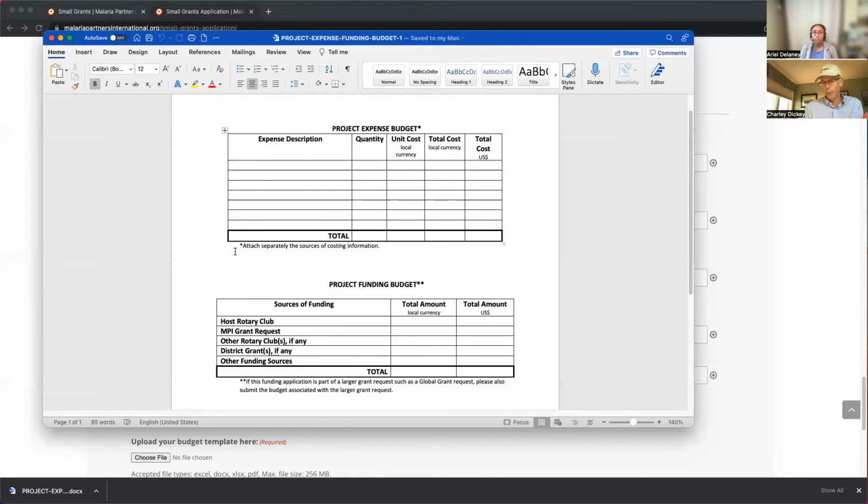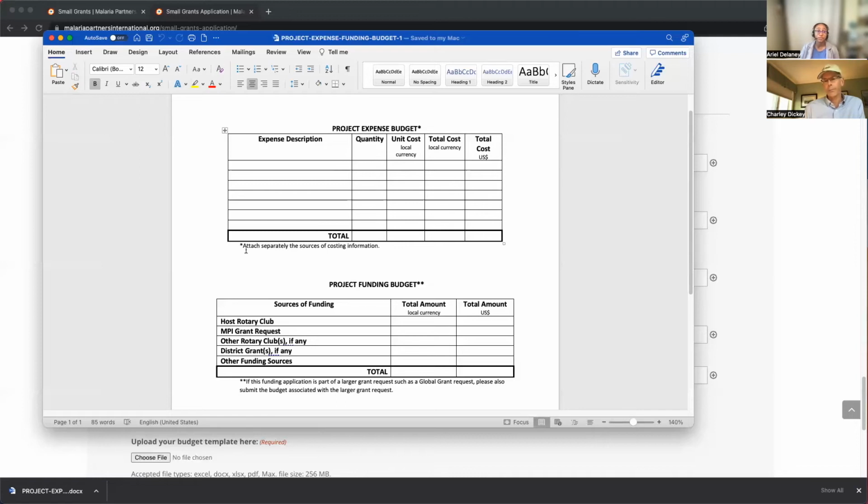This is also put into the same section, and the reason why it's put in twice is because we can extract the digital data from the application itself, but we also would like to see it in a spreadsheet form as a separate attachment. So we see here, as you put up, both the uses, the expenses, and the sources of funds need to be explicit.